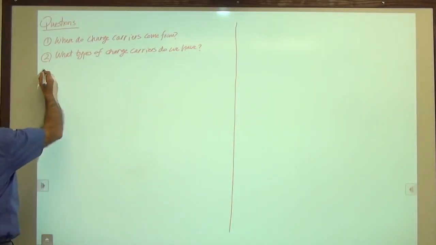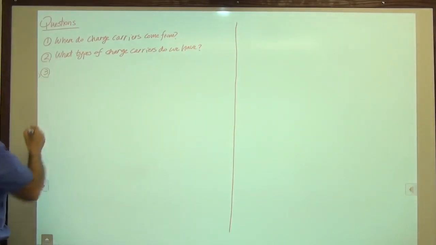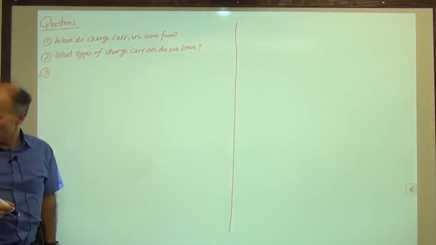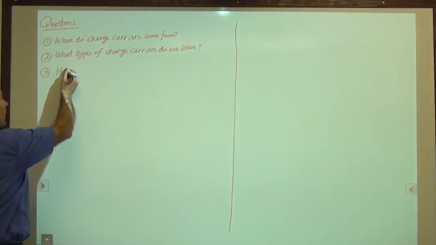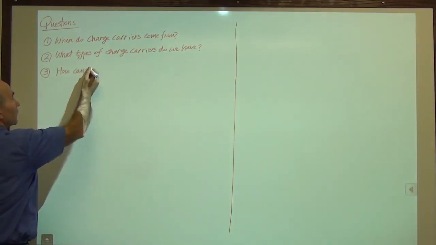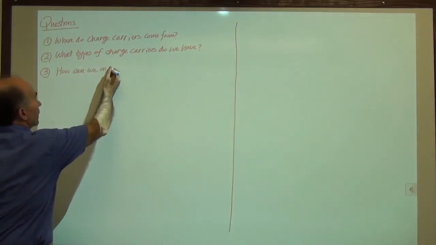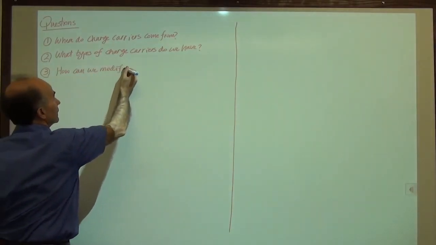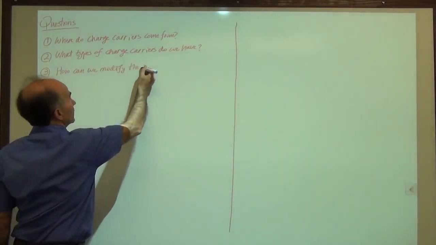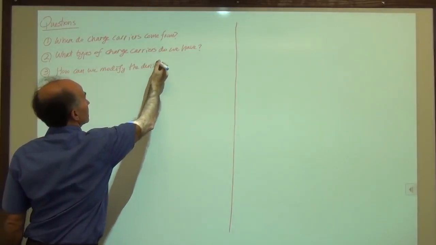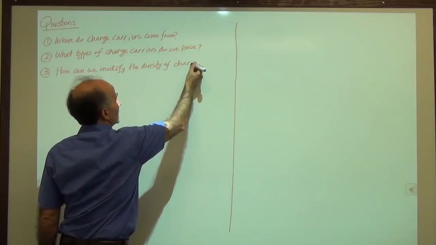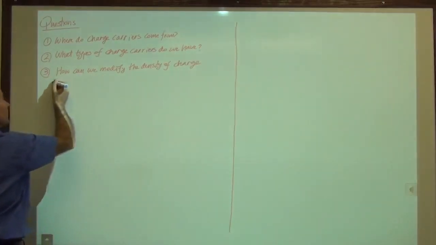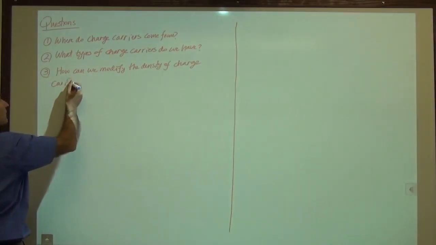Okay, so then once we understand these two, we need to go and ask the following question. How can we modify the density of charge carriers?